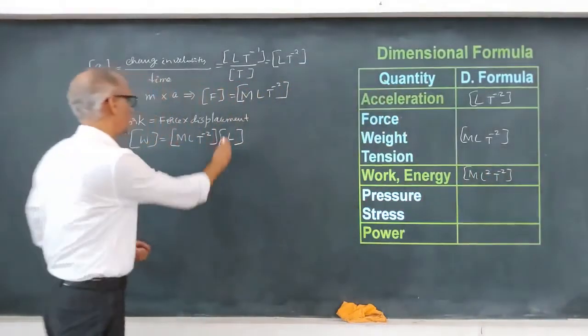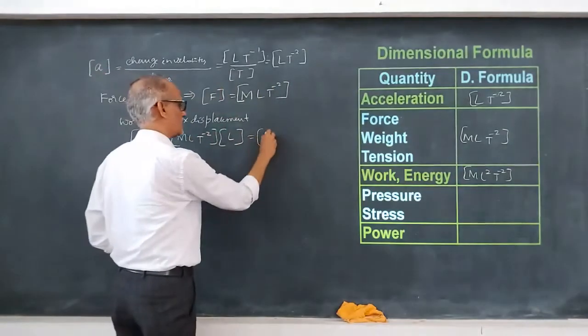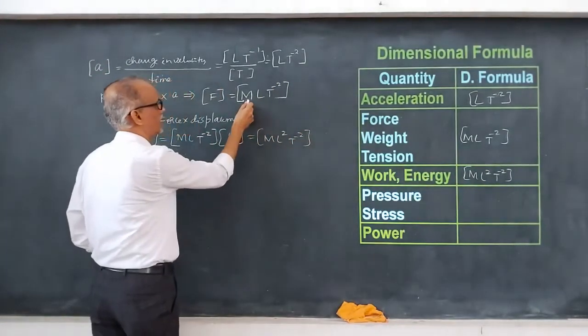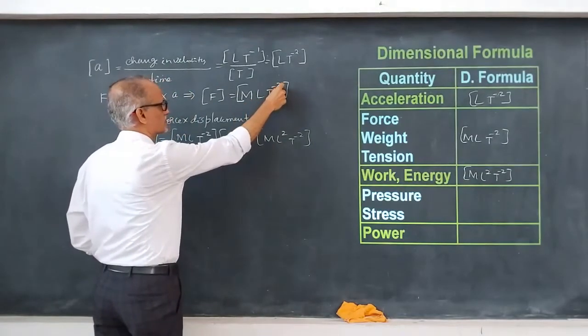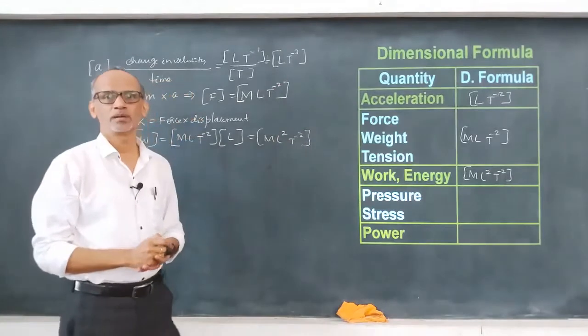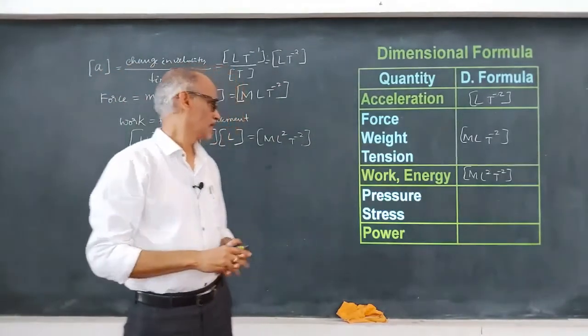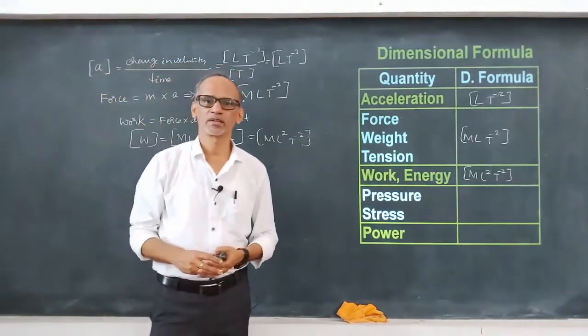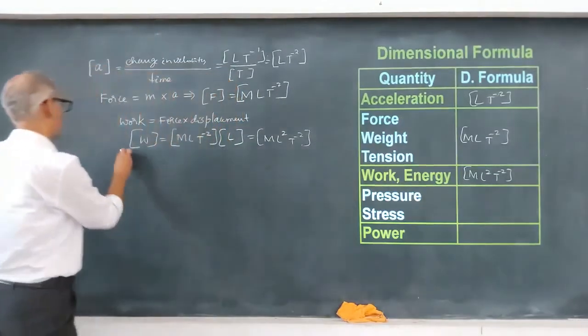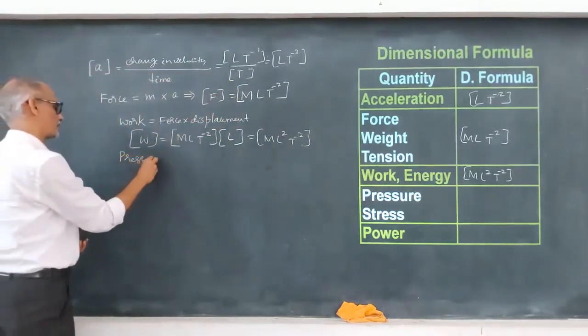L into L, you will get L square. So it's ML square T minus 2. See the difference here. MLT minus 2 is the force. ML square T minus 2 is the work or energy. Next we have another pair of physical quantities called pressure and stress. How do we define pressure?